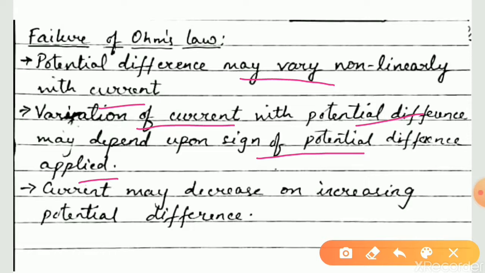These are basically involved with semiconductors, PN junction diodes, etc. Current may decrease on increasing potential difference, which occurs in cases with thyristor.